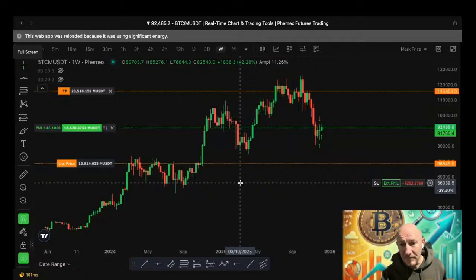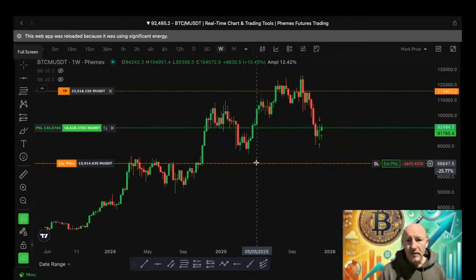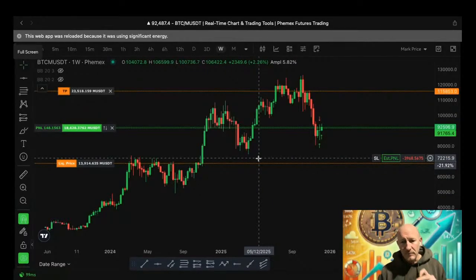That's why I like the weekly, because the weekly tells a clear picture.